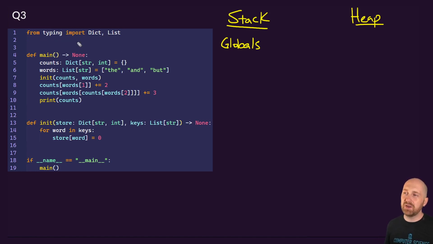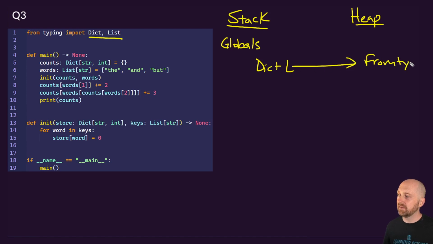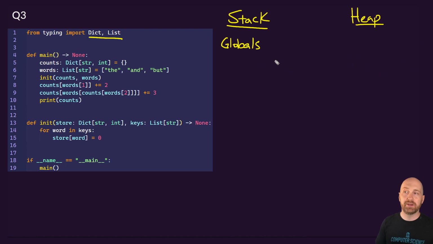But if we wanted to be very pedantic, after importing dictionary and list, those would be names that were stored from typing. And we don't really know how from typing works or how to go look up that code. So we're not going to worry about diagramming that.